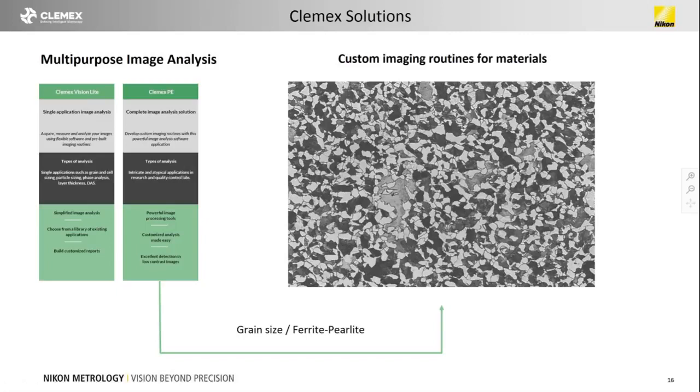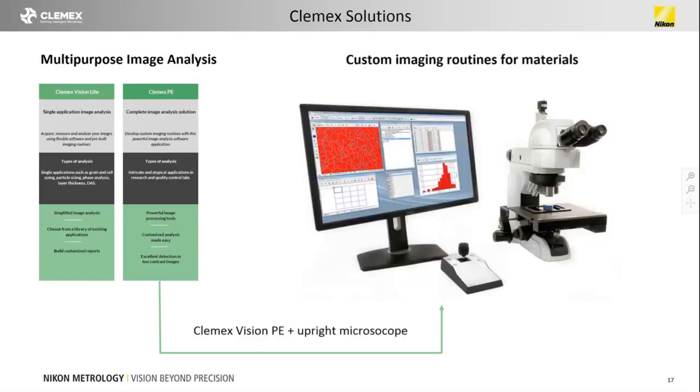This is our flagship software and is used widely for custom and complex image analysis routines in materials. Here we have a grain size for ferrite and pearlite. And we integrate Vision PE with an upright microscope. Here we have an LV100, camera and auto stage again.